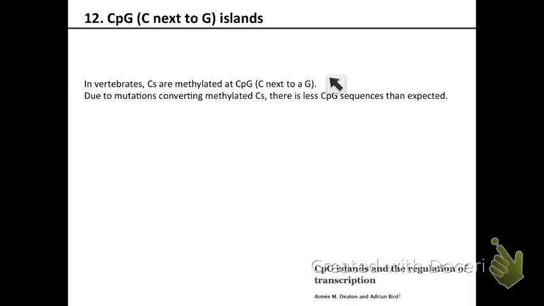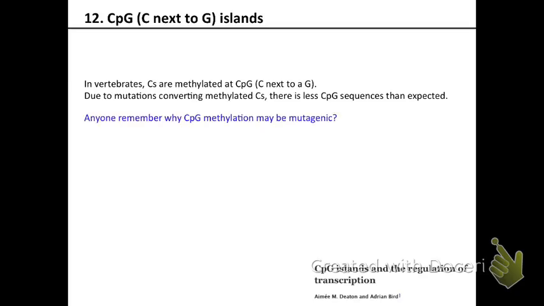In vertebrates, there are a lot of C's that are methylated. But because these C's can mutate, there are mutations converting methylated C's. There are fewer CpG sequences than expected in vertebrates. A lot of these C's are converted to T's.